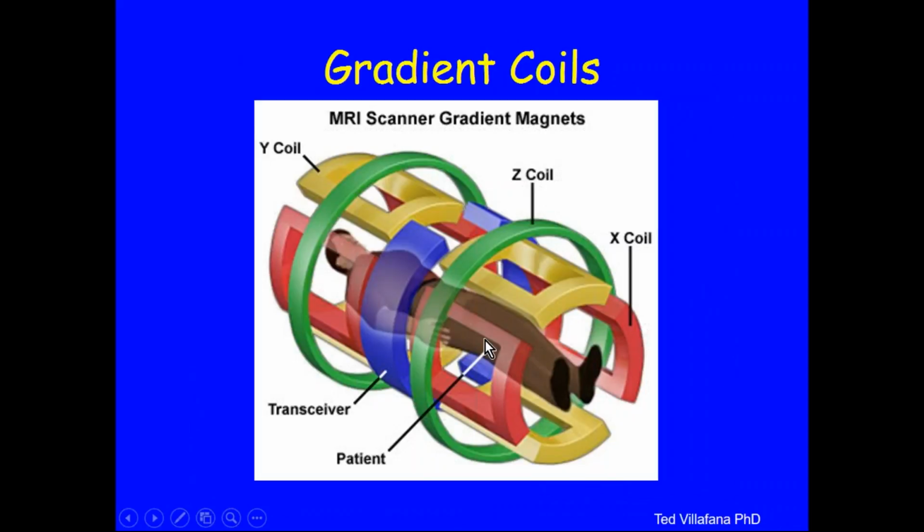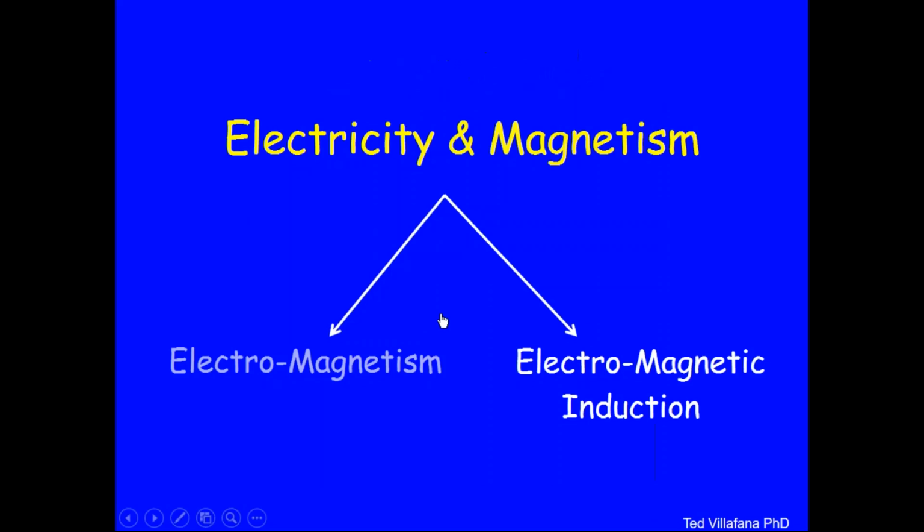Here are the gradient coils. The gradient coils are the ones, for instance, with the green, the blue, and the red, various configurations. Why those particular configurations? Hey, we'll talk about that when we get to MRI. I just want to show you the importance of coils and the importance of the concept of electromagnetism.